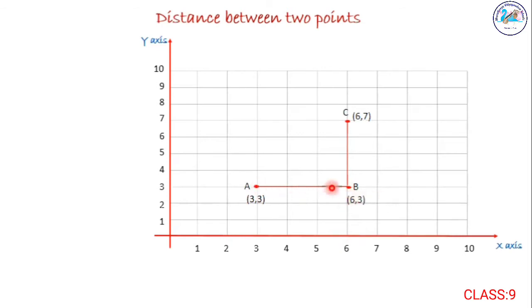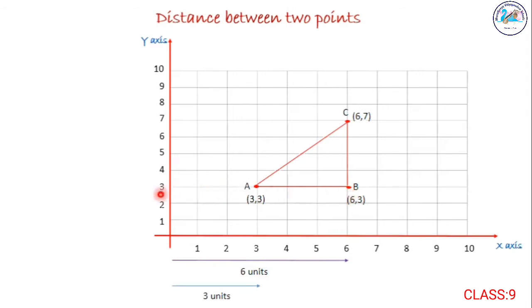Now I have to calculate the length of AB and the length of BC. By using these two, we will calculate the length of AC. First, from the y-axis to B we have a distance of 6 units, and from the y-axis to A we have a distance of 3 units.